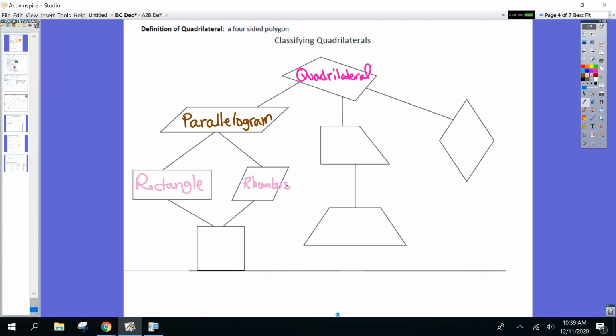Yes, the rectangle and the rhombus. Correct. And then there's the golden child of the parallelogram family. She has everything. The perfect one. Maybe some of you can relate in your own family. I certainly can. And that would be Susie, the square.